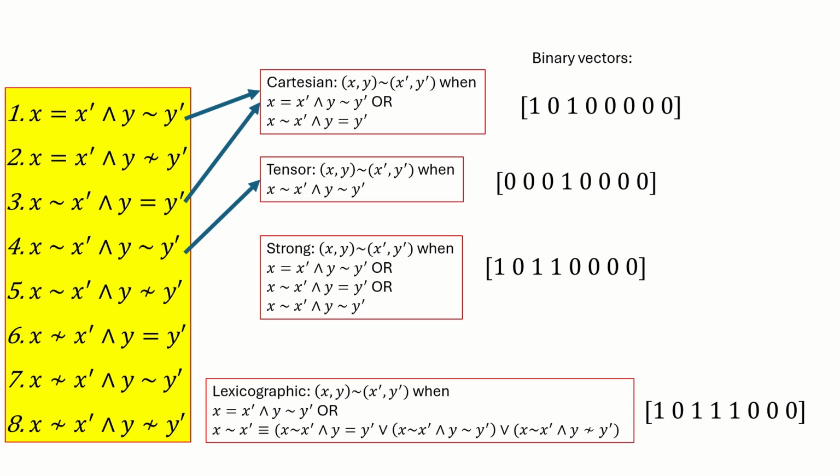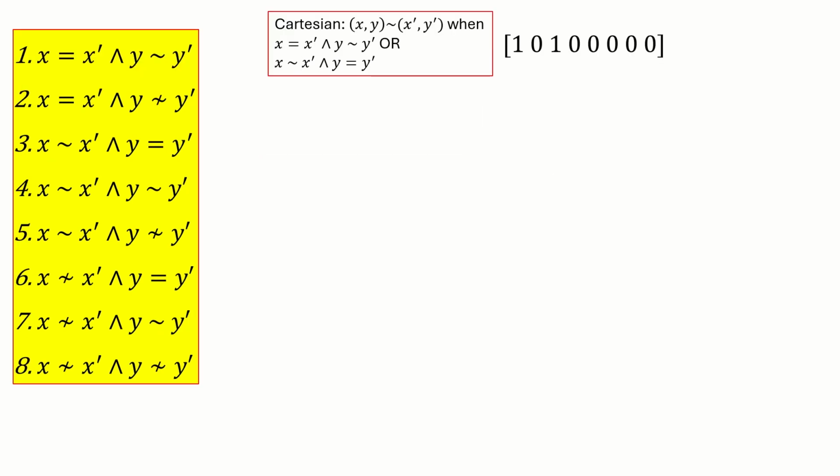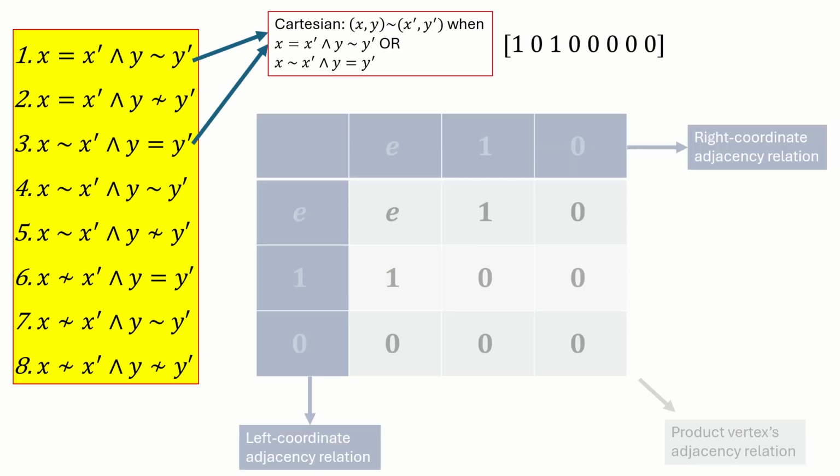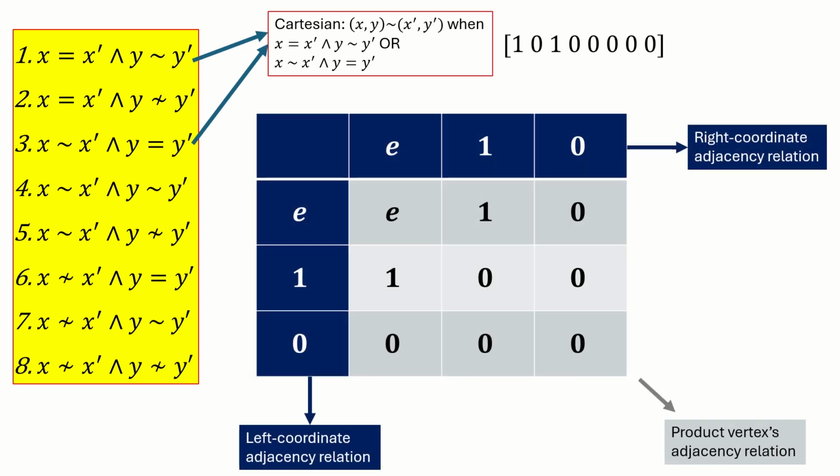There's also another, more algebraic and more useful way to encode the adjacency rules of a graph product. You can think of the selection of adjacency rules that defines a product, for instance the selection of the two adjacency rules shown here that define the Cartesian product, as an algebraic structure with a binary operation, in this case conjunction.